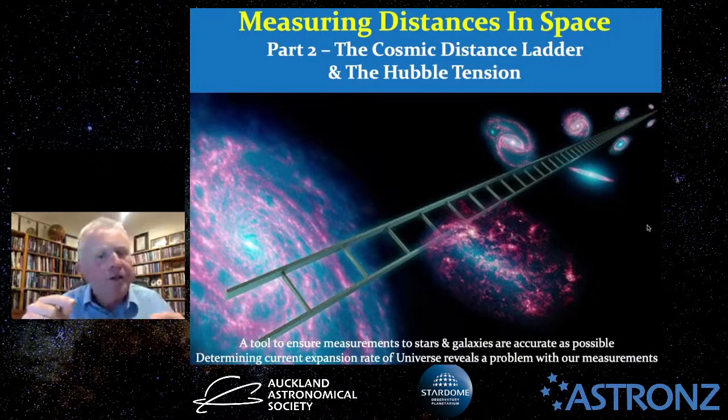Tonight you're going to learn all about the cosmic distance ladder and how it's the tool that astronomers use to measure the distances to the stars and the galaxies as accurately and precisely as possible. We're also going to talk about the Hubble tension, and you'll learn how astronomers try to measure the current expansion rate of the universe in two ways.